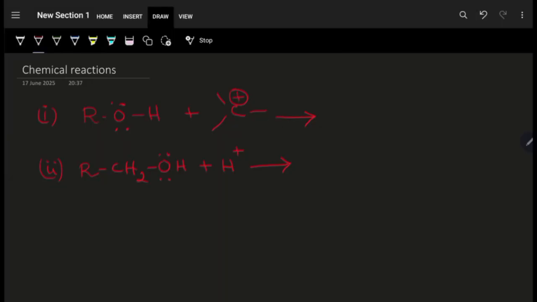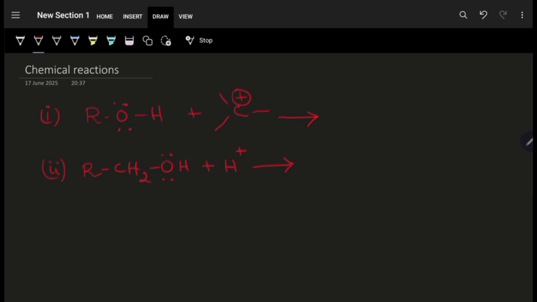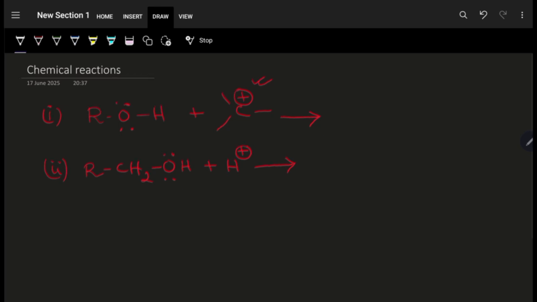Now here there are two reactions that we can see of alcohols. The first one where there is a carbocation over here, and the second one where there is a proton over here. So what do you think will be the role of alcohol in these two reactions?